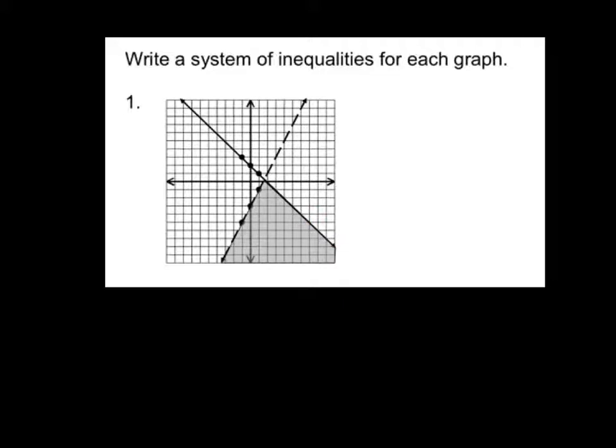I am going to write my inequality in slope-intercept form, so I know I have y. And just like when we were doing this last week with just linear inequalities, I start by looking at my y-intercept. I see that this line crosses the y-axis right there at positive 2. I also know that I can find my slope, the number that's going to go in front of x.